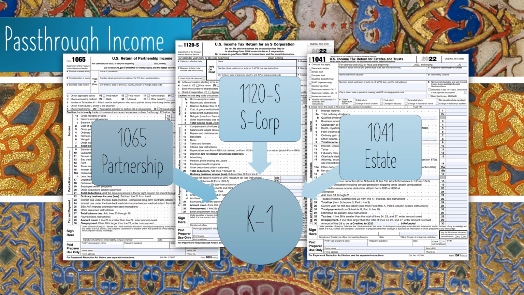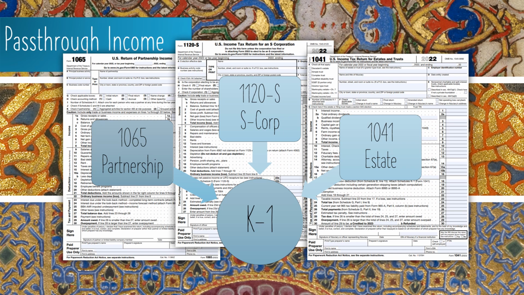A partnership files Form 1065 and would produce for their partners a Form K1 for the 1065 that would report the income that is attributable to each partner, their share of the income.